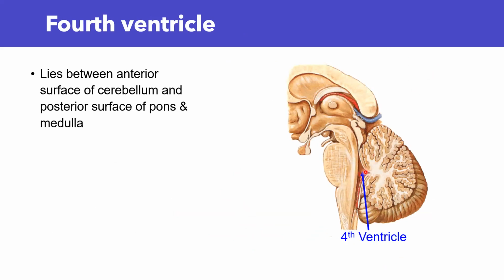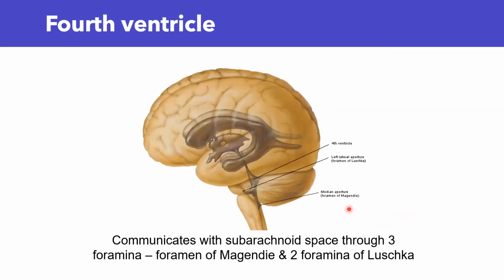The fourth ventricle is located between the anterior surface of the cerebellum and the posterior surface of the pons and medulla. It communicates with the subarachnoid space through 3 foramina, 2 lateral and 1 median. The 2 lateral are the foramina of Luschka, and the 1 median is the foramen of Magendie. Inferiorly, it is connected to the central canal of the spinal cord.